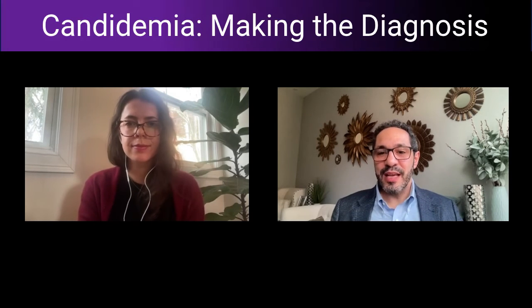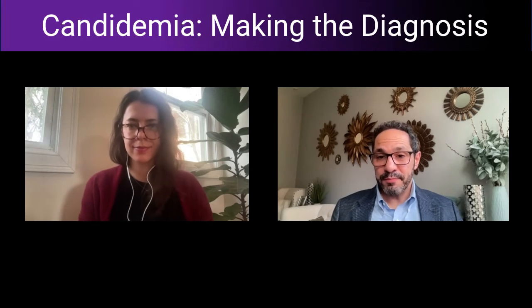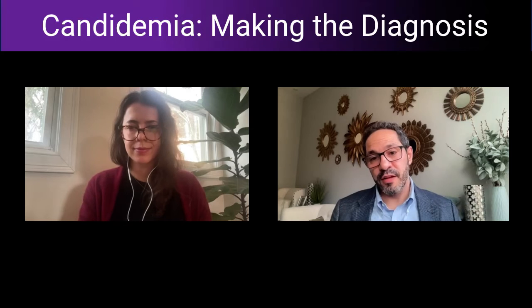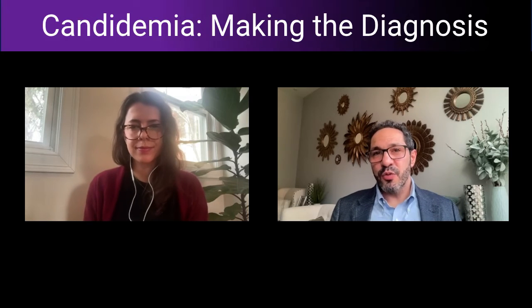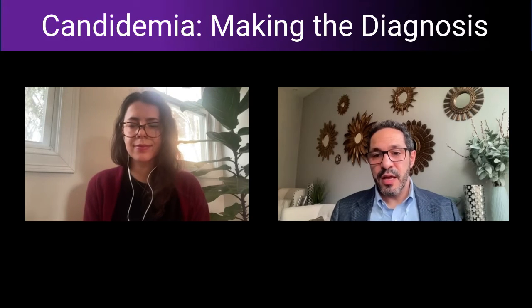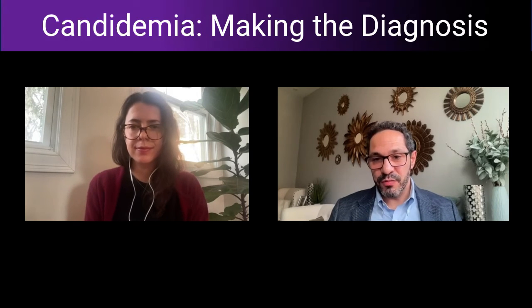Other things you can send are beta-glucan. And beta-glucan is a carbohydrate component that makes up the cell wall of Candida and many other fungi. So we tend to think of it as a pan-fungal marker. So it's not specific to Candida, but in the epidemiology of the ICU, Candida is your dominant fungal pathogen that you're concerned about.